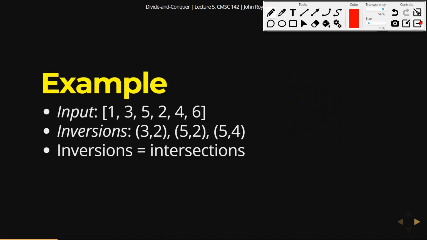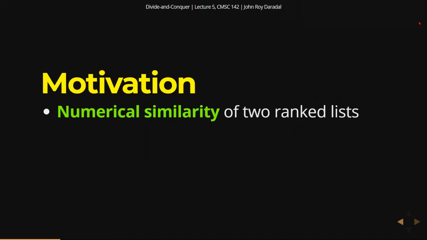So now, why are we interested in this problem? The motivation is you can use inversions as a way to provide a numerical similarity for two ranked lists. You have a ranking of one person and a ranking of another person, and you try to figure out how similar they are.